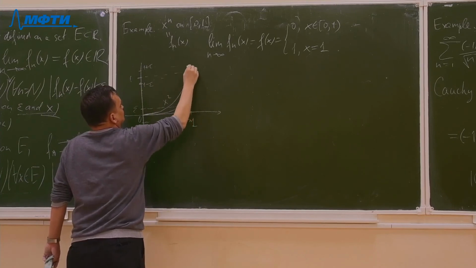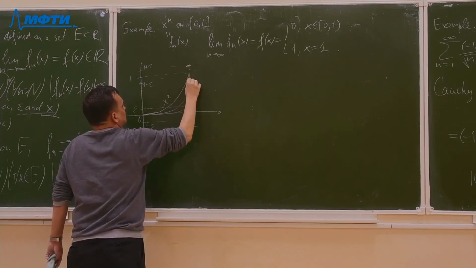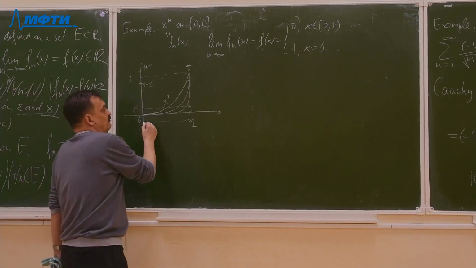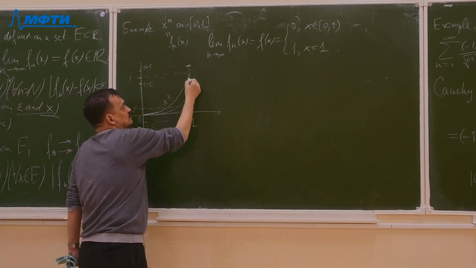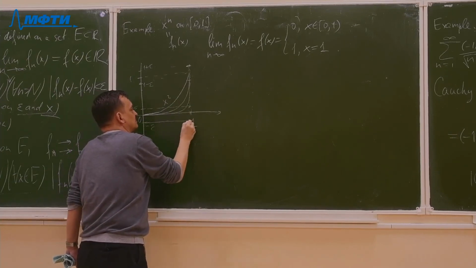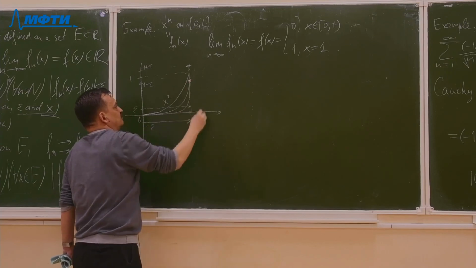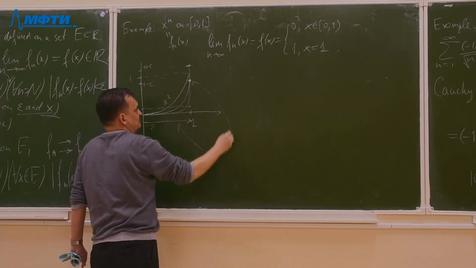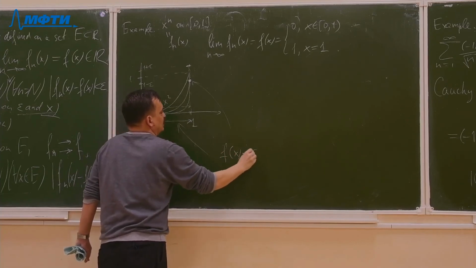That's it. So, look. f of x plus minus epsilon is drawn here. That is the graph of f of x minus epsilon.